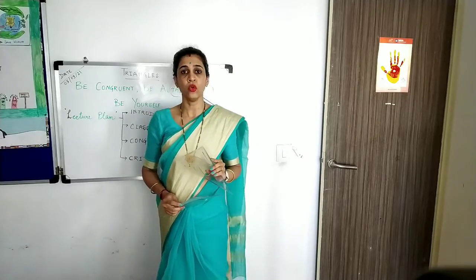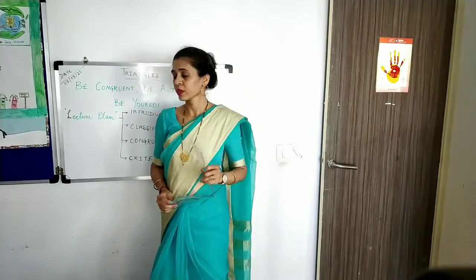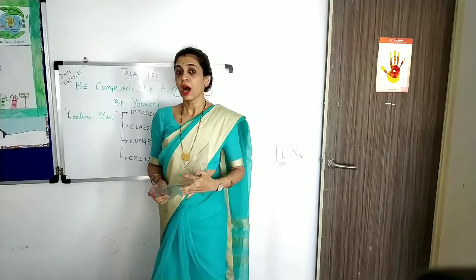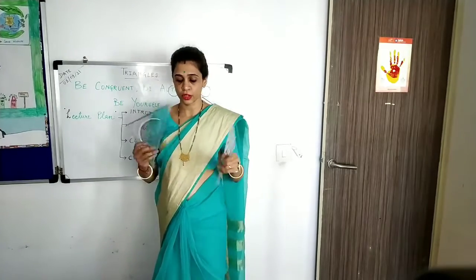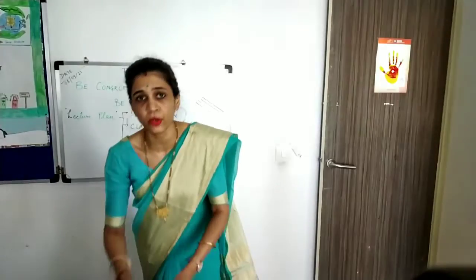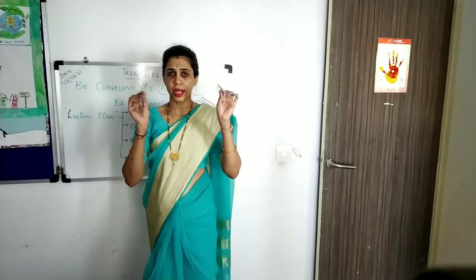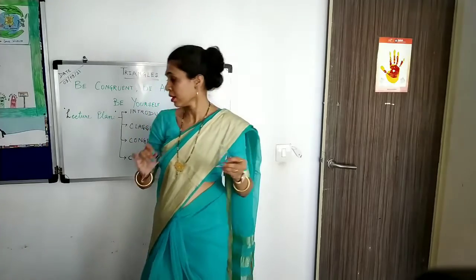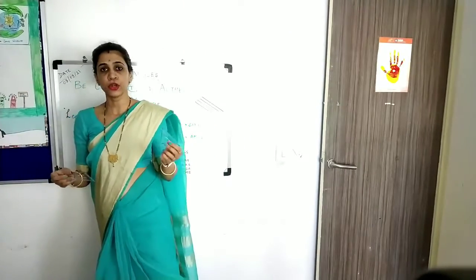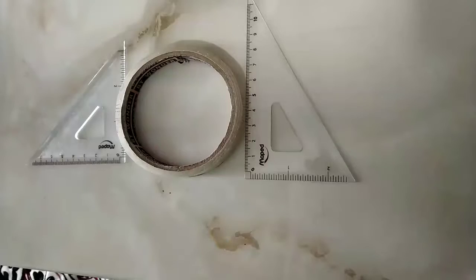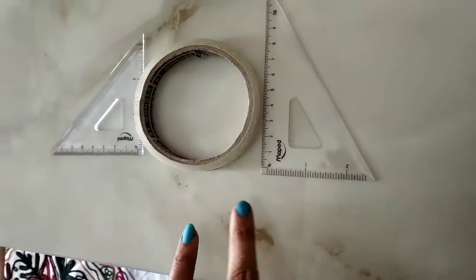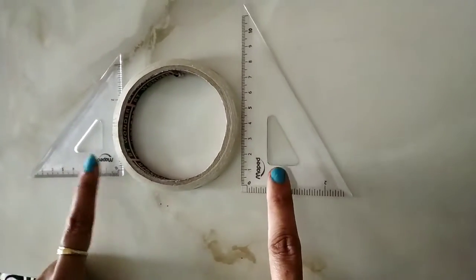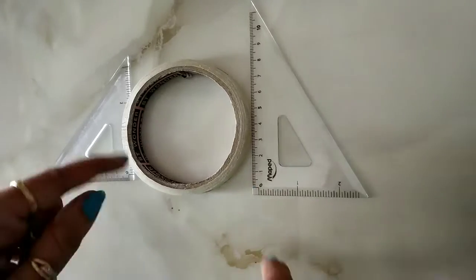Now let me show you one more application of using a set square. For that I will be using 2 small set squares for getting the radius of a circle. Let me show you how. See, this is my circle.